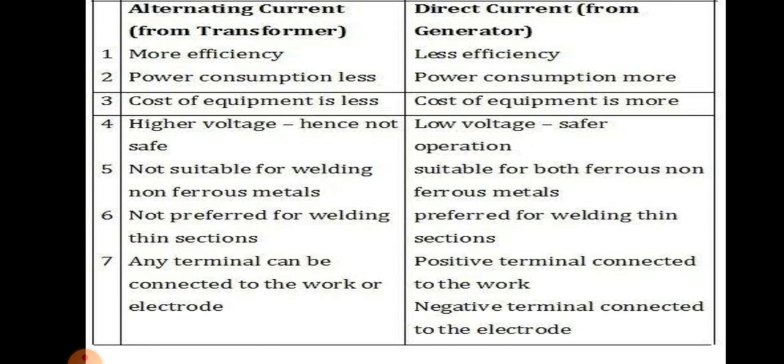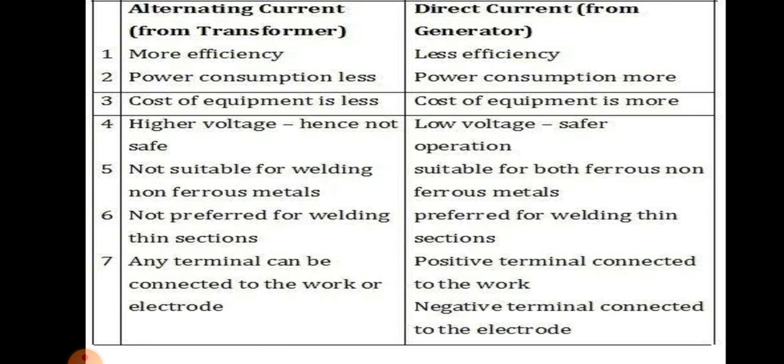AC: more efficiency, less power consumption, cost of equipment is less, higher voltage, hence it's not at all safe. Not suitable for welding non-ferrous metals, not preferred for welding thin sections. Any terminal can be connected to the work or electrode.